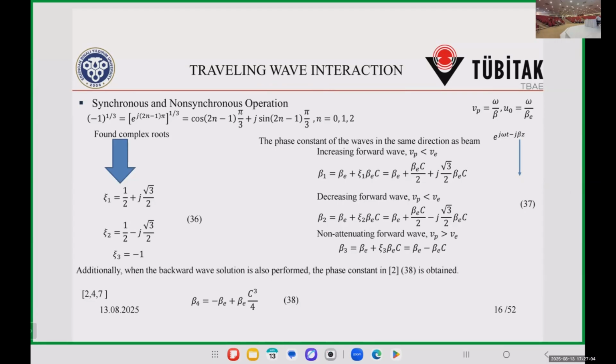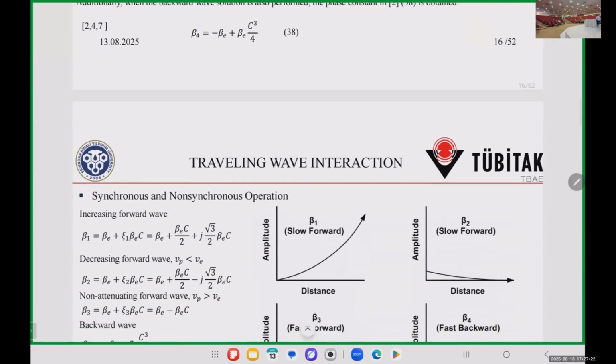And the phase velocity of the wave is slower than the speed of the electrons.